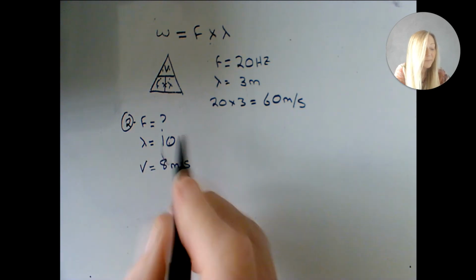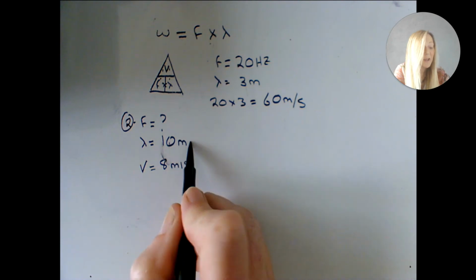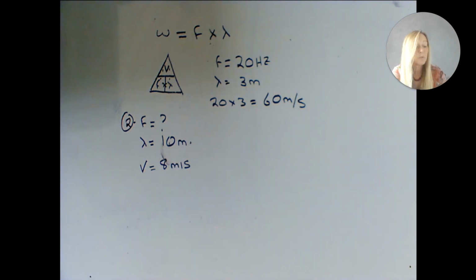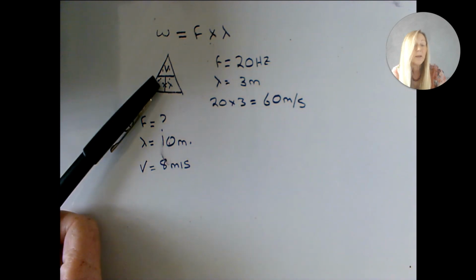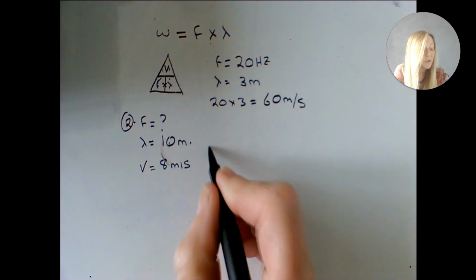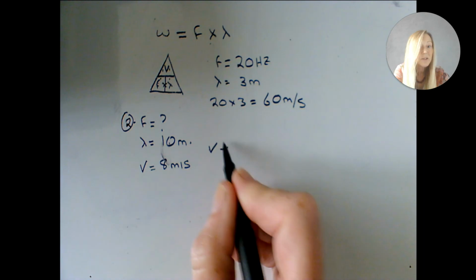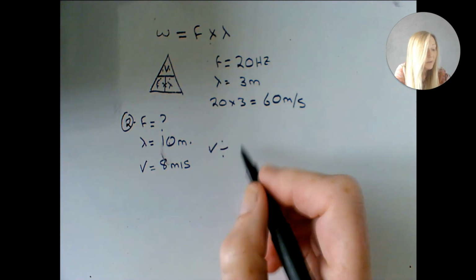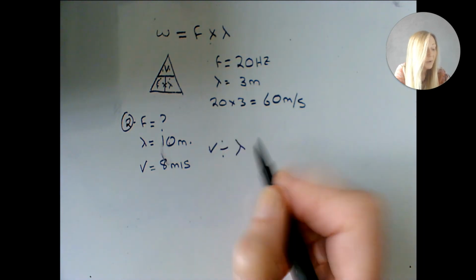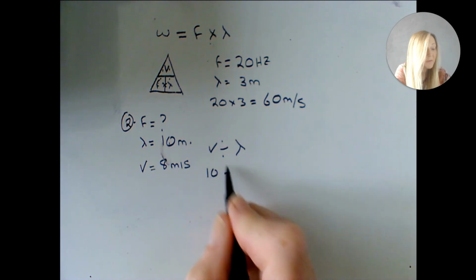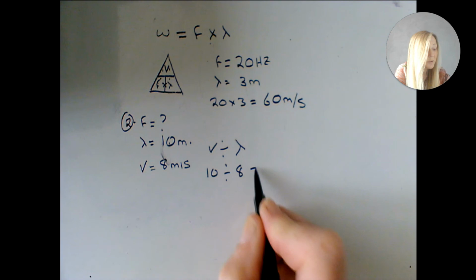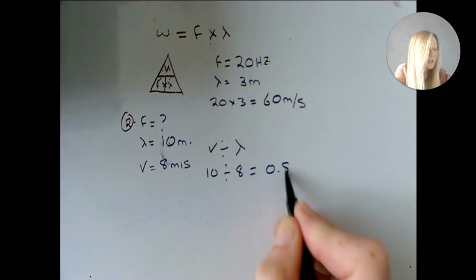All we do now is cover up what they've asked us, which is frequency, and that gives us velocity divided by the wavelength. So we just plug the numbers in. We've got 8 divided by 10, which will give us 0.8 Hertz.